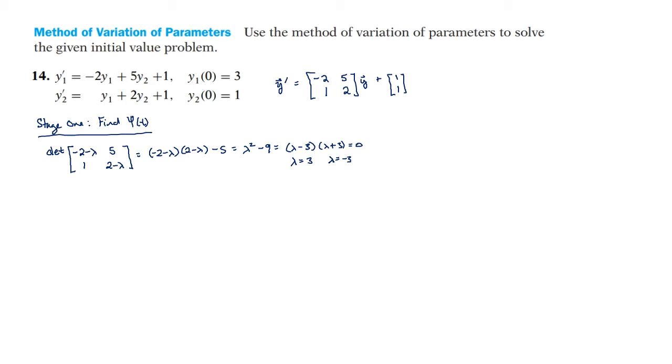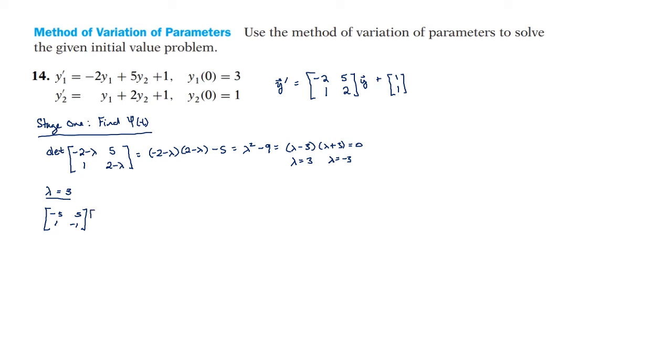Now that I have my eigenvalues, I need to find the eigenvectors that go with them. Let's start out with lambda equal to 3. Negative 2 minus 3 is negative 5, and we'll write 2 minus 3 as negative 1.